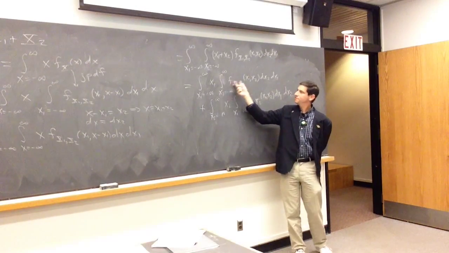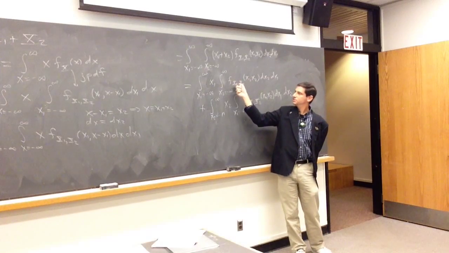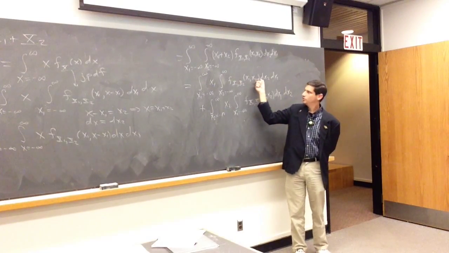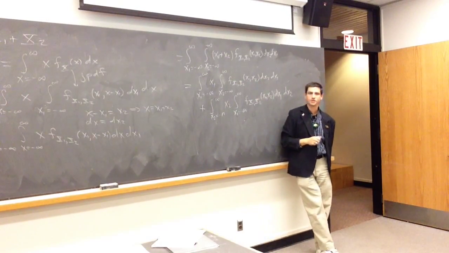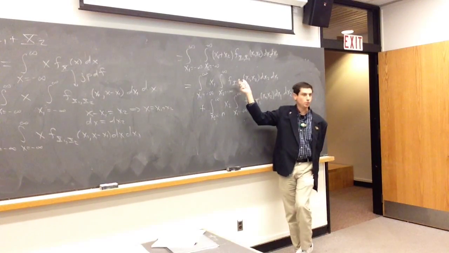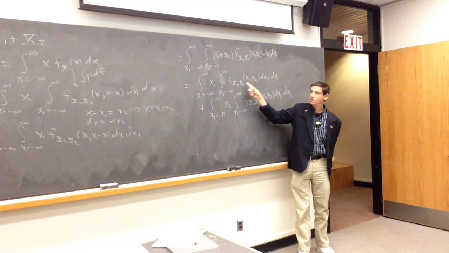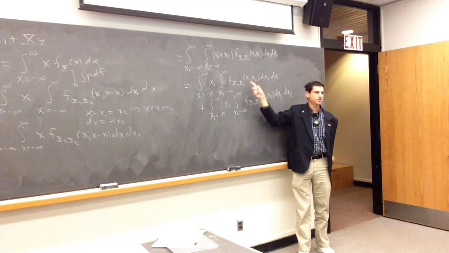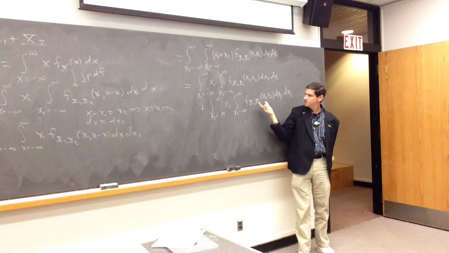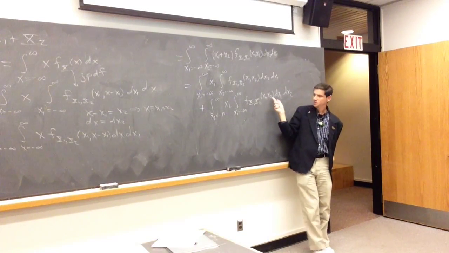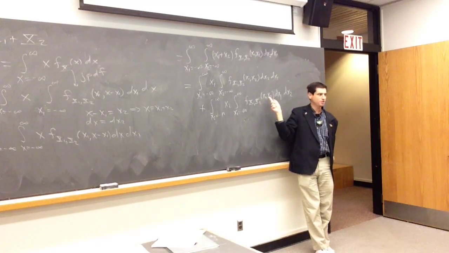We want to evaluate the first integral. What is the integral over here when x2 goes from minus infinity to infinity? The marginal density of x1. What we're doing is we're fixing the value of x1 to be x1, and then we integrate over all possible values of x2. That's the marginal density function of x1. On the second one, we fix the value of x2, and then we integrate over all values of x1.